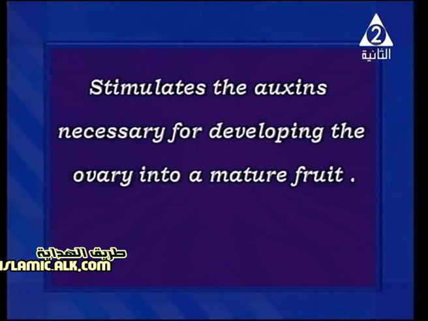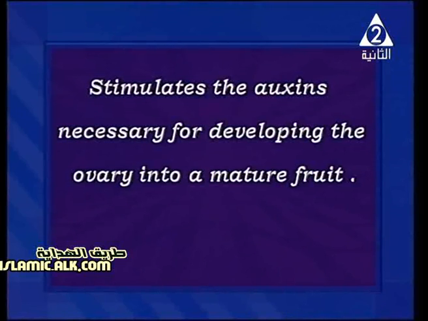Also, it stimulates the auxins, as we said, the hormones of the plant, which are necessary for developing the ovary into mature fruit. So if there is no pollination, we have a series, a sequence, that are connected together. Like what?